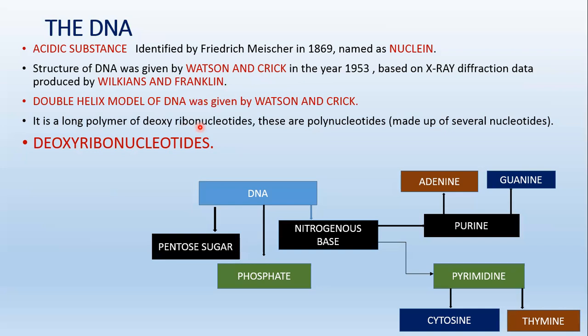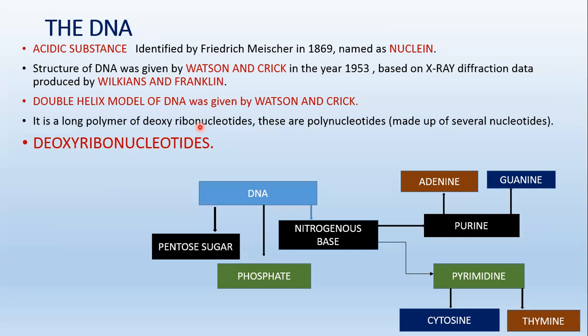So everything which is marked in red is very important, so you have to remember it. Okay, all those things which are marked in red, I have marked in red due to some reason only. So you have to remember the names of these scientists: Watson and Crick in the year 1953, Wilkins and Franklin. Okay, they were the reason for this X-ray diffraction data, and by taking it as a reference, Watson and Crick gave this model structure of DNA.